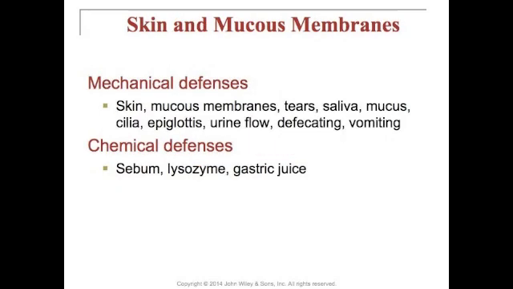The skin and mucous membranes provide some mechanical defense such as the skin itself, mucous membranes, tears, saliva, mucus, cilia, epiglottis, urine flow, defecating, and vomiting. And they also provide some chemical defenses such as sebum, lysozymes, and gastric juices.